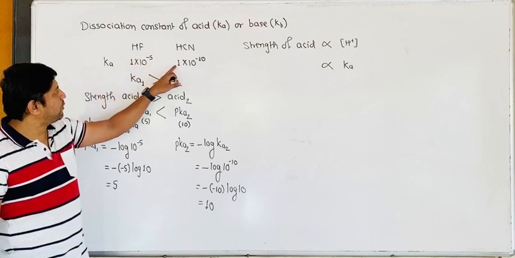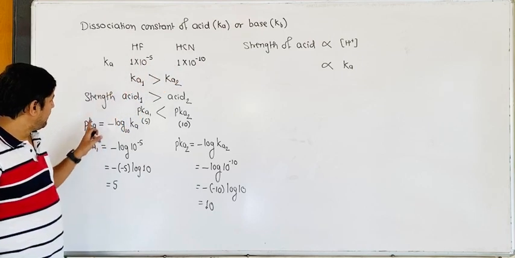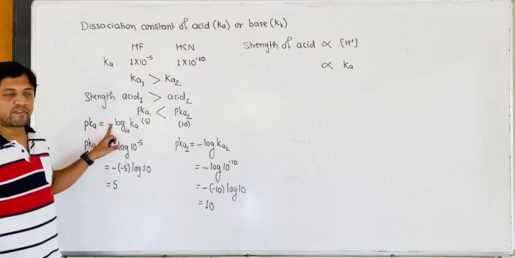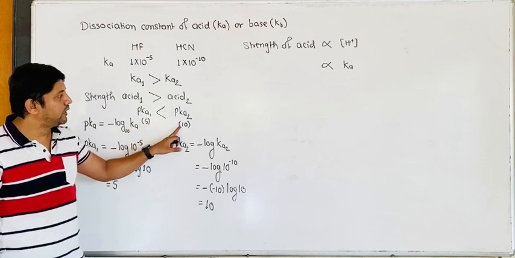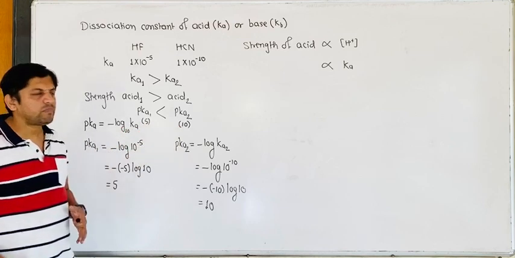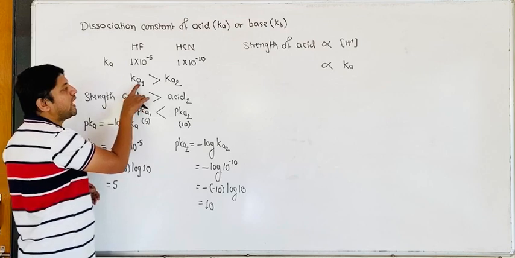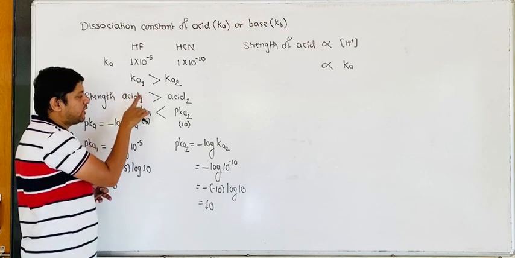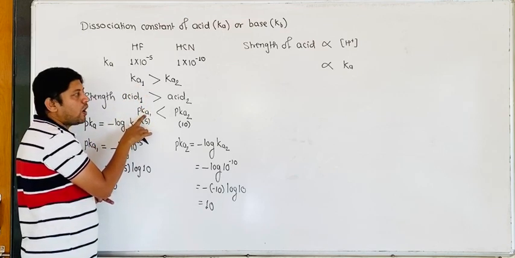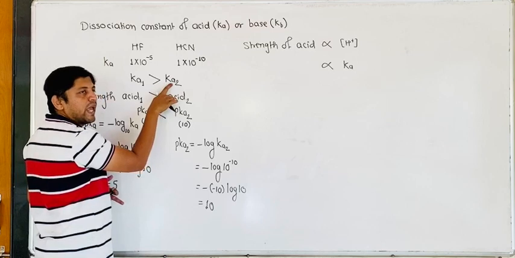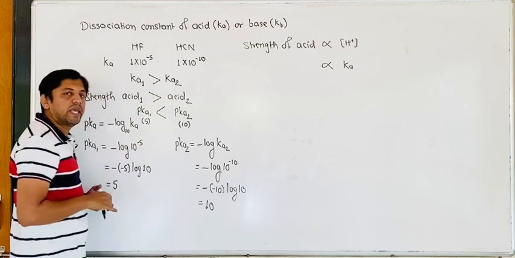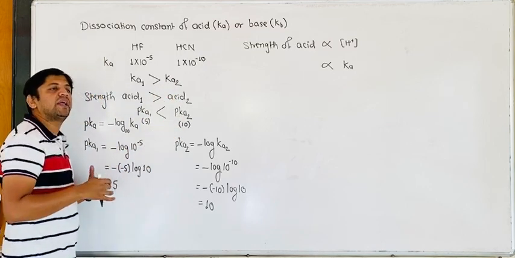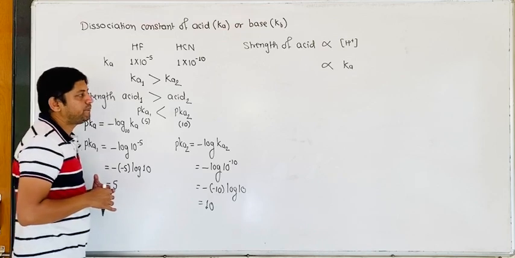Ka values are positive values, whereas pK values are minus log. So the more the value of Ka, the lesser will be the value of pK, and the less the value of Ka, the more will be the value of pK. Ka and pK are inversely related.